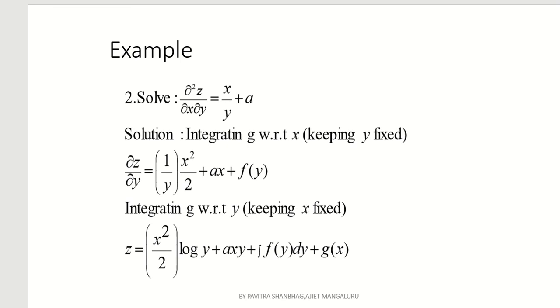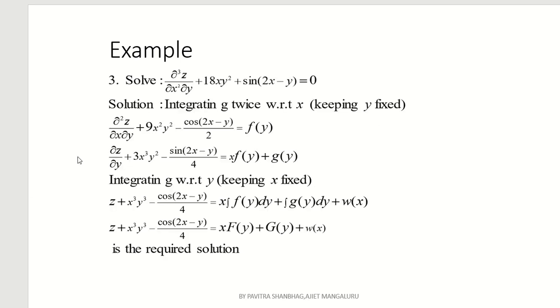Okay, now let us move to the next problem. Here ∂³z/∂x²∂y + 18xy² + sin(2x − y) = 0 is given. Now here there is a third order partial derivative.